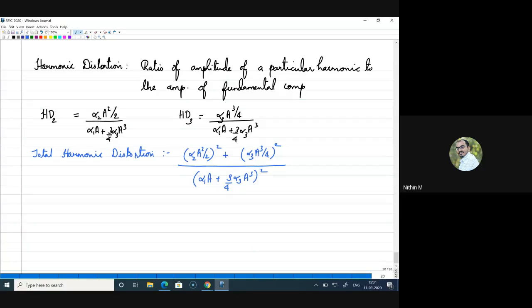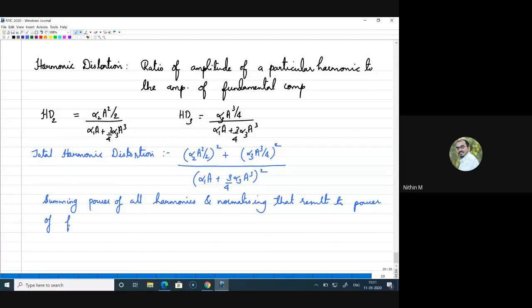So the total harmonic distortion is nothing but summing up the power of all harmonics and normalizing that result to the power of the fundamental component. So this total harmonic distortion is a specification we actually consider when we design an amplifier.